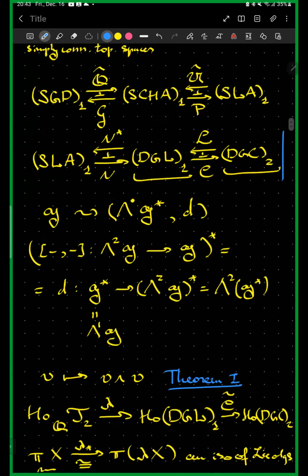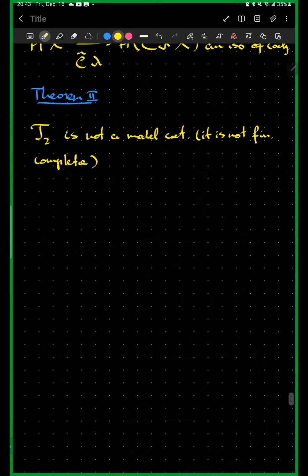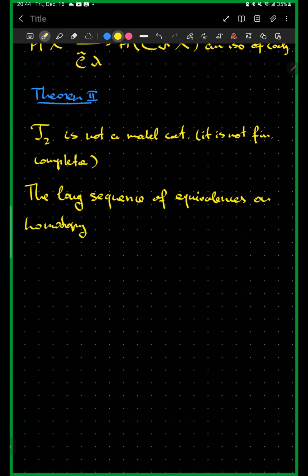So the long sequence of equivalences on homotopy categories can be promoted to a sequence of Quillen equivalences.